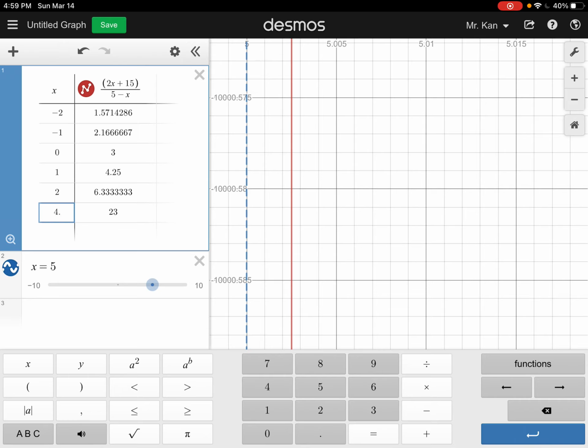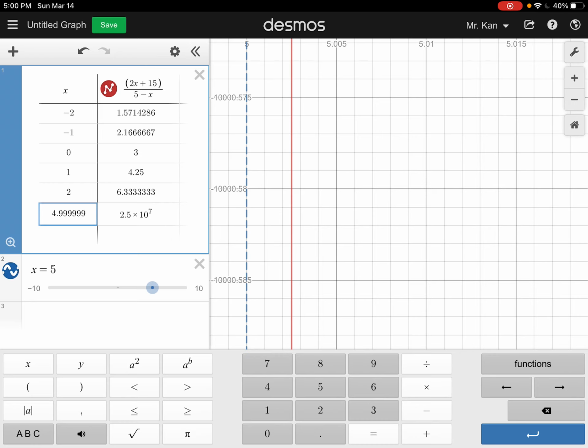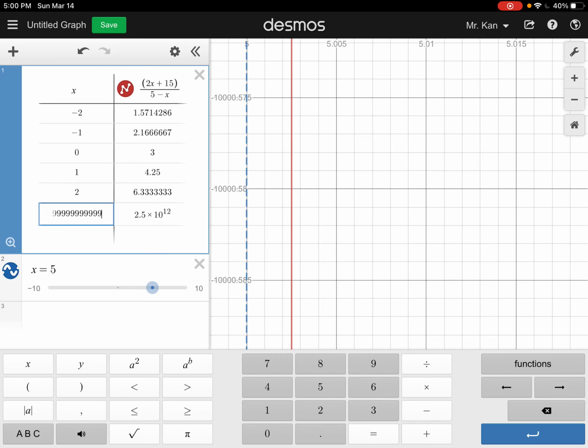Let's say x equals 4.9. You can see the output is 248. And then you can see how large these outputs are getting. 2.5 times 10 to the 12th power is something in the quadrillions, as x gets really close to 5.